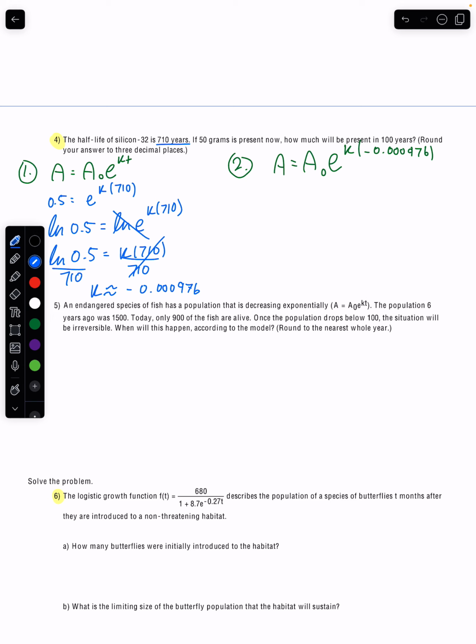So we're going to have A equal to 50 because of 50 grams, e then 100 times this fun number. If you plug that all into your calculator, you'd get A equals 45.349, roughly.